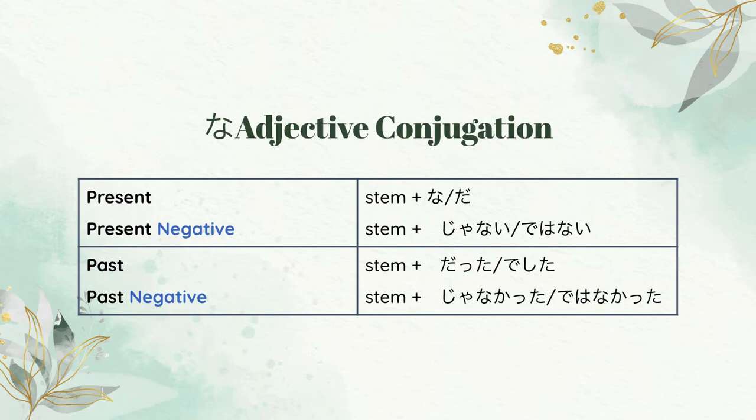adjective conjugation. So the patterns are kind of similar, but for na, the basic one that we learned was present tense, so the word plus na, but na could also be transformed into da during the sentence.